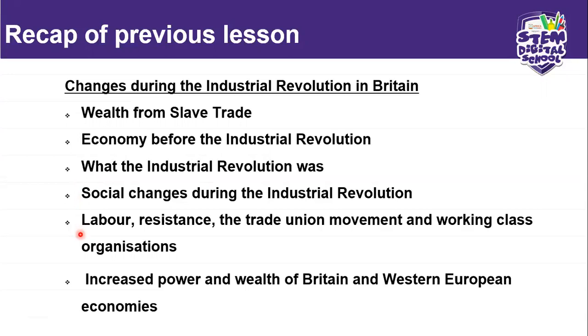Number 5, labor resistance, the trade union movement, and working class organizations. And lastly, we looked at increased power and wealth of Britain and Western European economies. So that is what we looked at in the previous lesson.